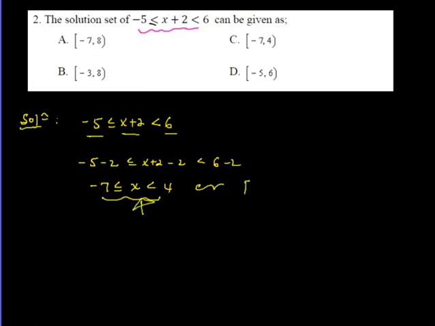So the interval notation for this is minus 7 up to 4. Okay, we will search for either this one or this one from the choices. So what is our answer? For the second question, the answer is C.